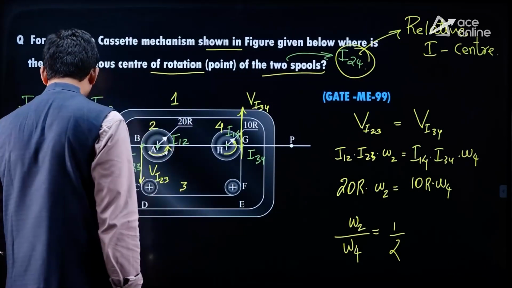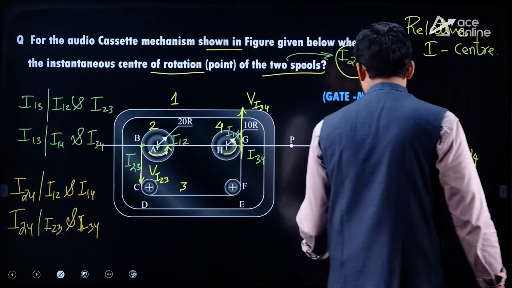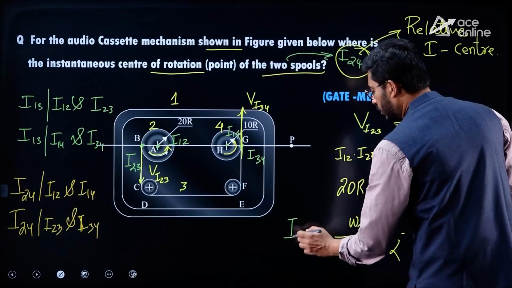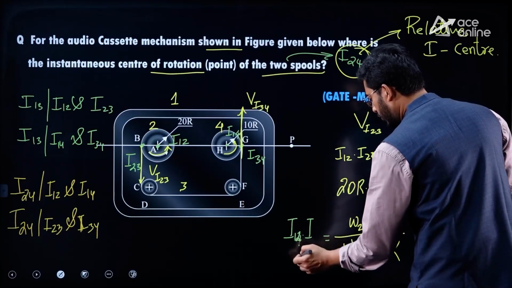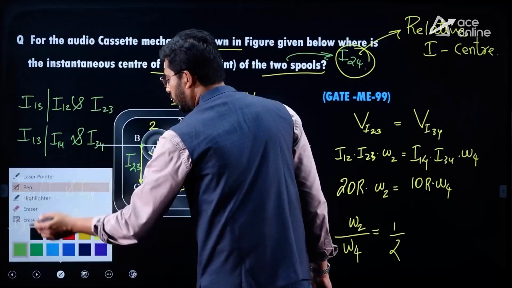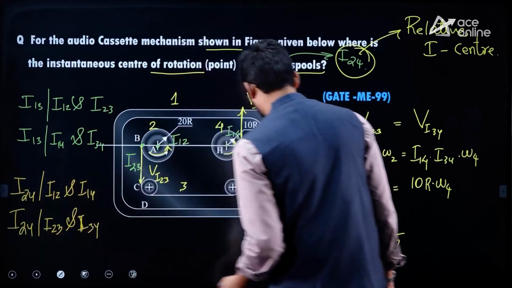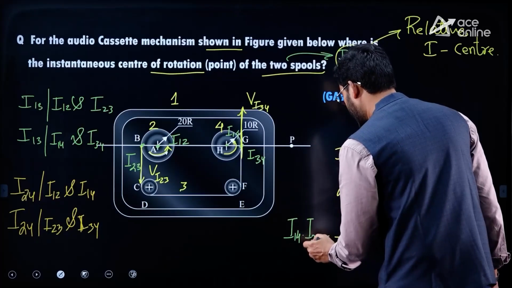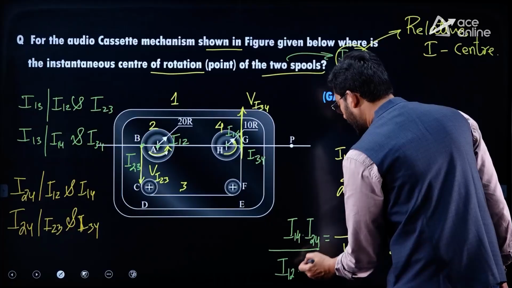And if we apply the angular velocity theorem to this side, then it becomes I14 in the numerator, I14, I24 by I12, I24.